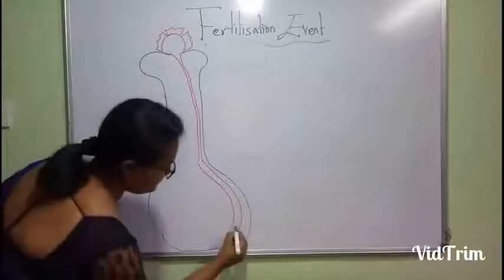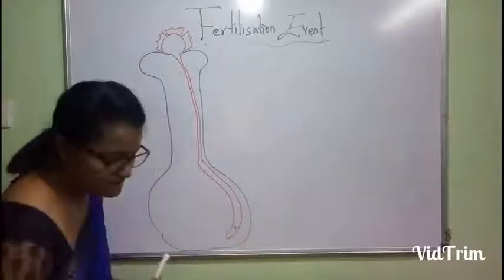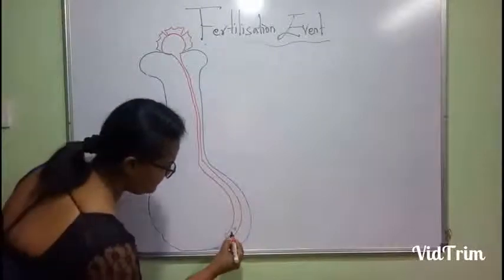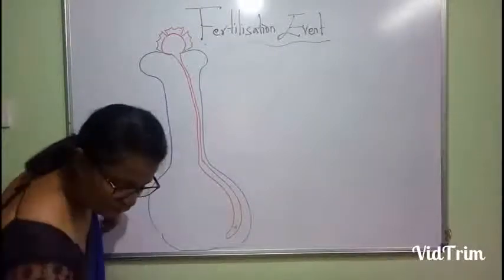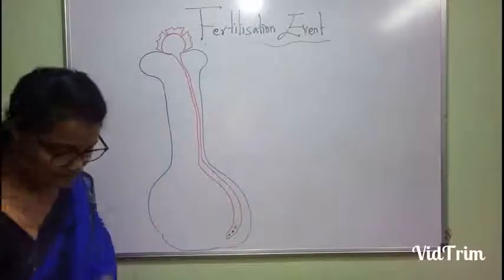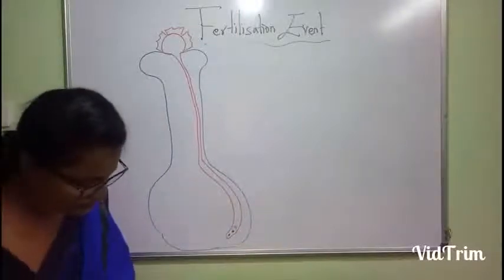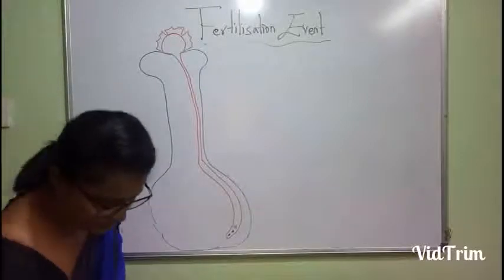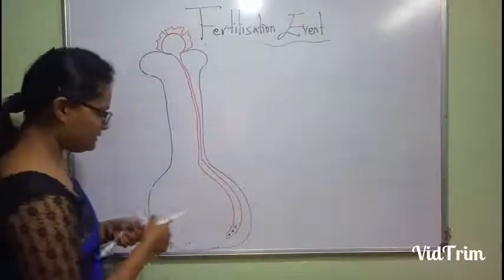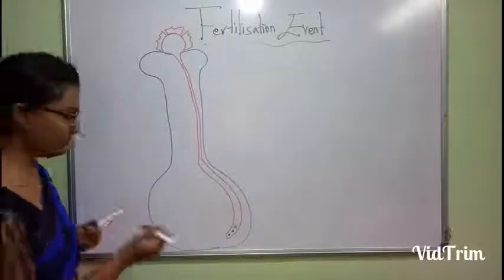Containing one vegetative nucleus and the two male gametes. So this is what is performed. Here I'll draw the structure of the ovule.